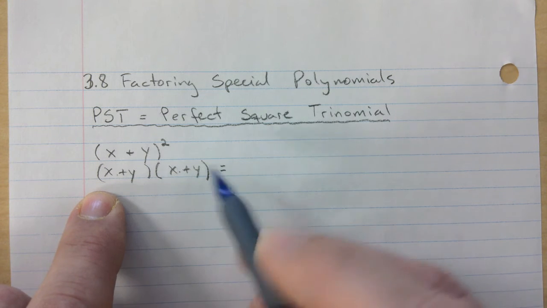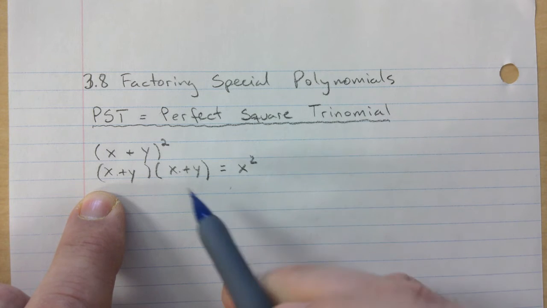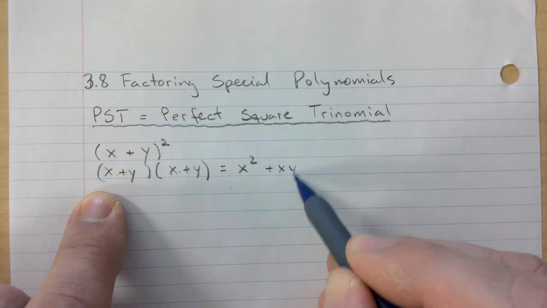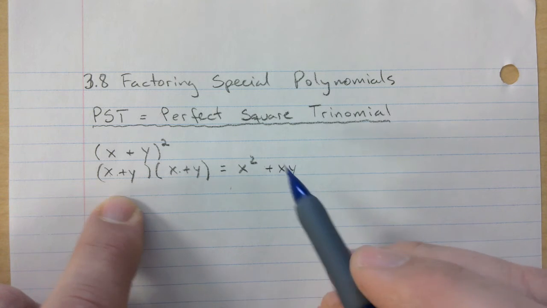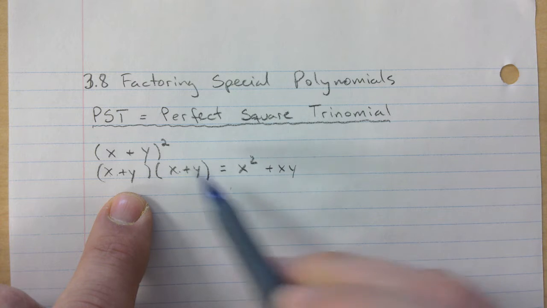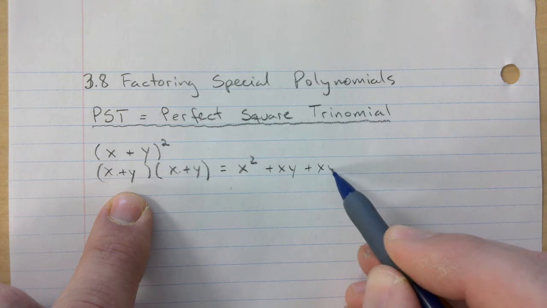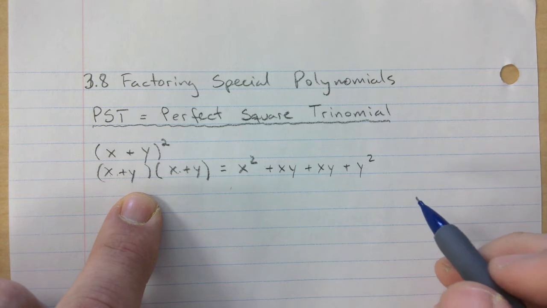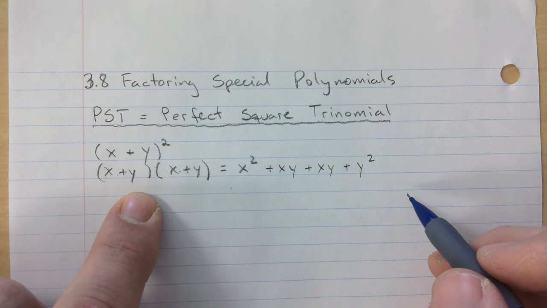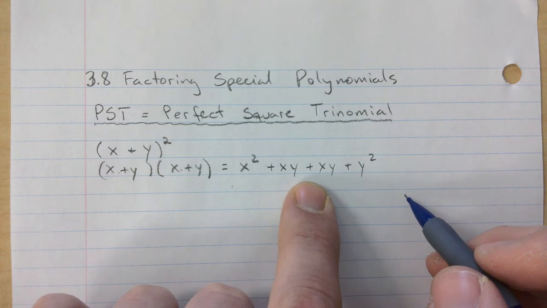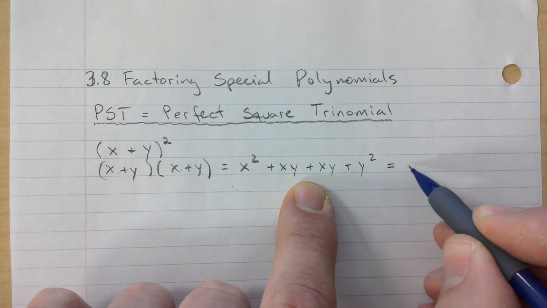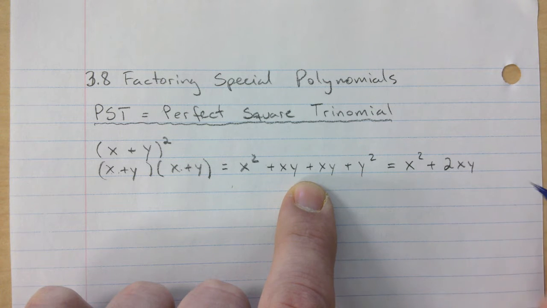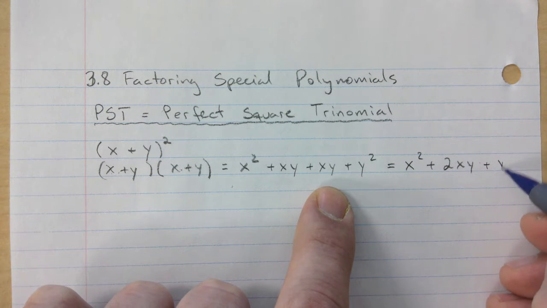So x times x is x squared. x times y is xy. Then you have y times x is also xy. And y times y is y squared. If we combine the like terms in the middle, we have x squared plus 2xy plus y squared.